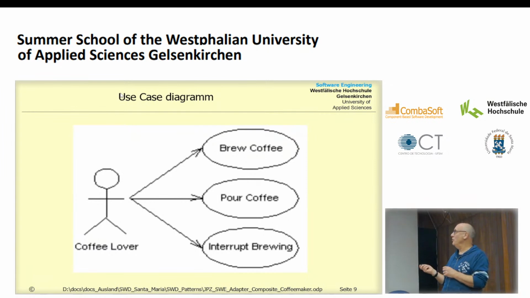It will brew coffee, you can pour coffee, and you can interrupt the brewing process. You have the actor, we call him the coffee lover, or the husband of the coffee lover, and he's interacting with the machine to brew the coffee, to pour coffee, and maybe to interrupt it.